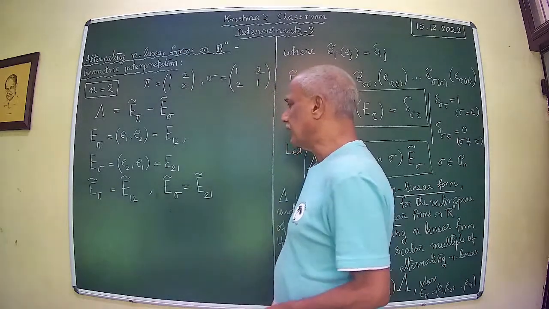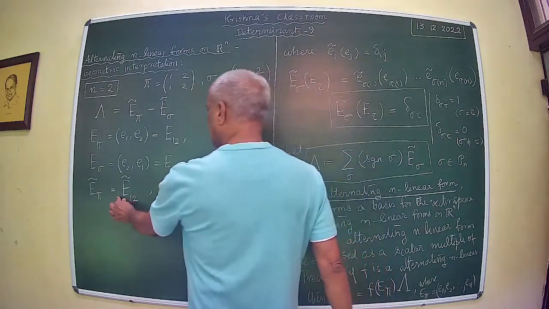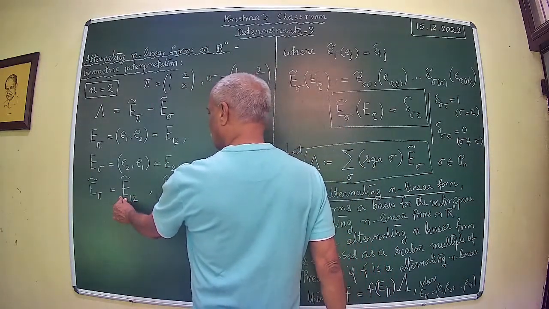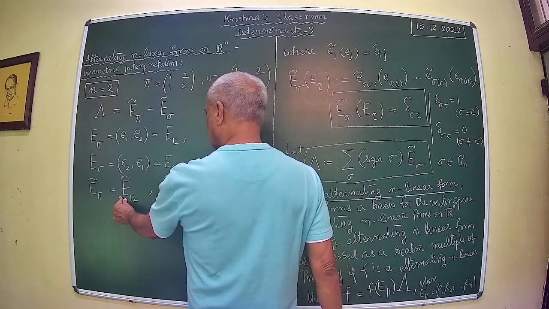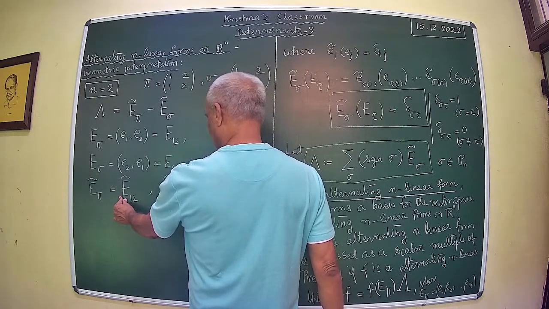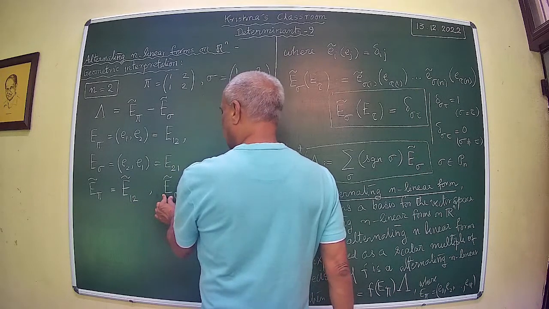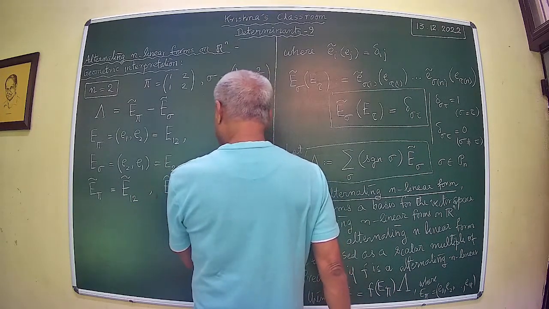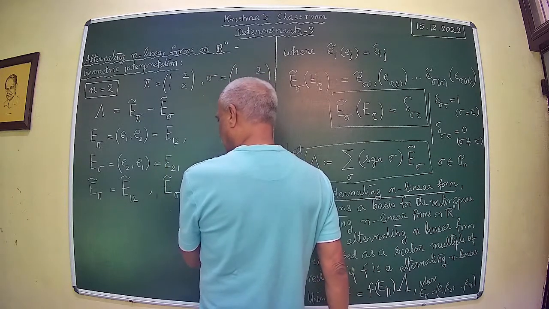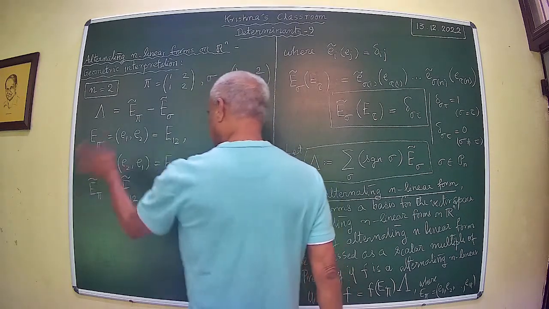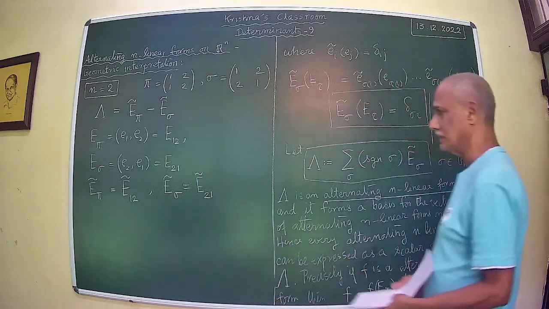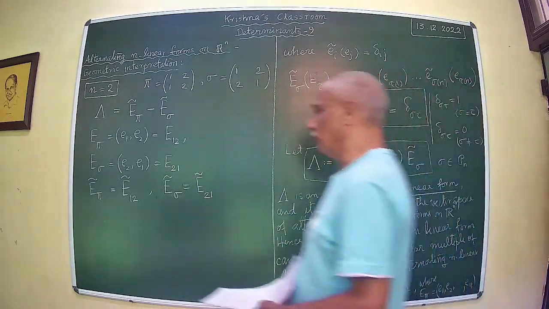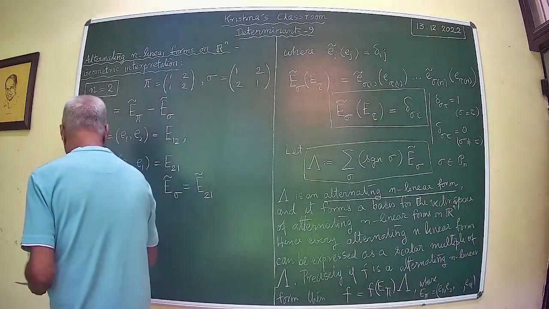The property is that E12 tilde acting over E12 will give you 1. On all other things, it is 0. E21 tilde acting over E21 will give you 1. All others are 0. So these are non-zero entities. Okay. Therefore, we have now lambda written as this.